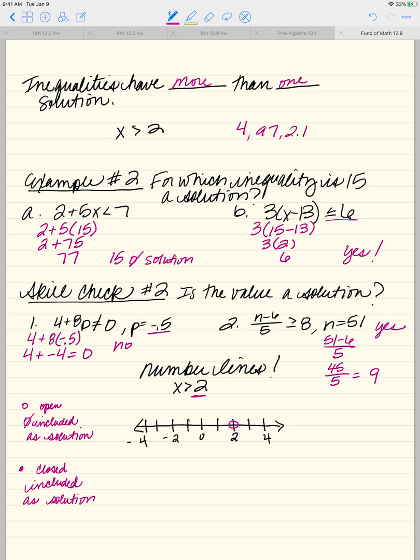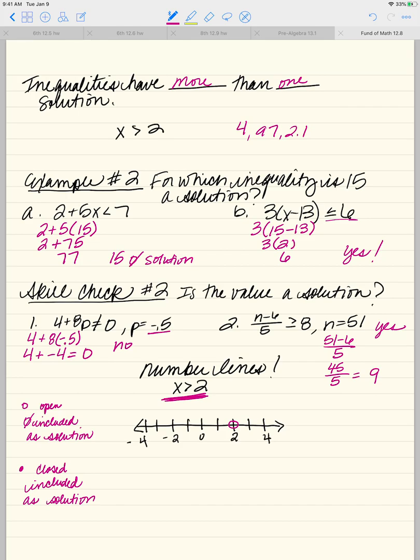Okay, so open circle on 2 because this statement says x is greater than 2. So x is anything that is greater than 2, but it is not equal to 2. So it cannot be 2. Now, the values that are greater than 2 on a number line move to the right away from the number. Okay, a move away from 2.